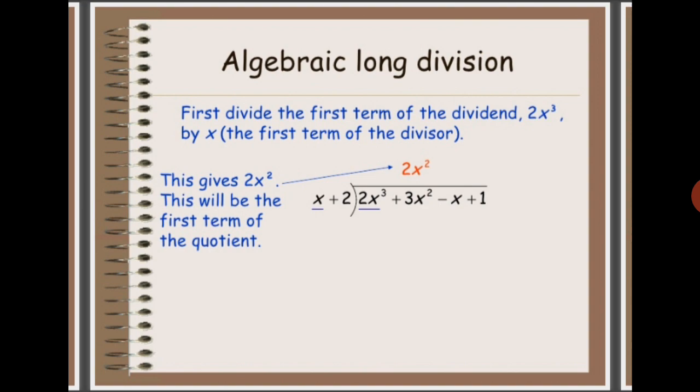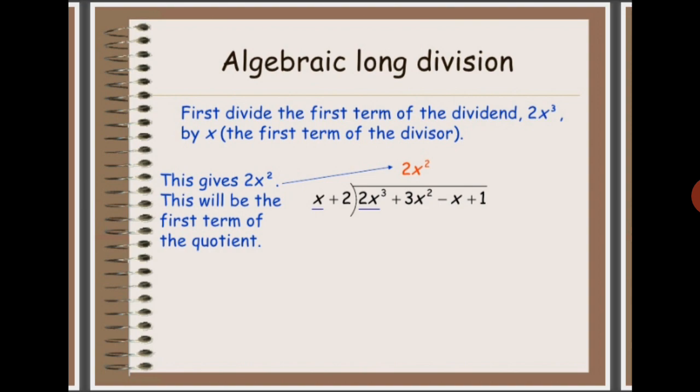So what you will do in such cases is, you will introduce a term by writing 0x square or 0 whatever it is needed. The coefficient is taken as 0 so that the value of the polynomial doesn't change. We'll come to the things later. Now for this particular example, let us begin.